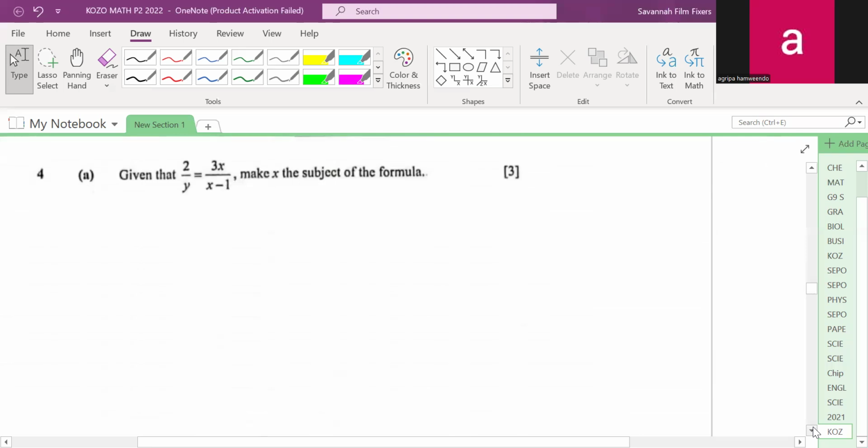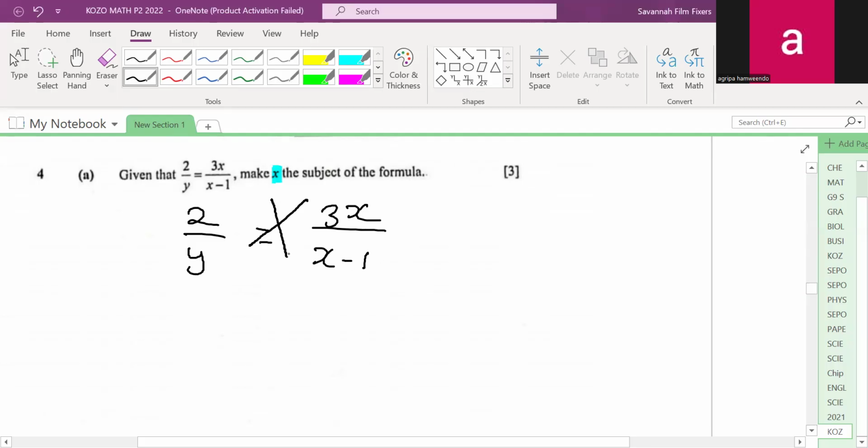So we have question 4a. It's saying, given that 2 over y is equal to 3x over x minus 1, we're trying to make x the subject of the formula. We have a fraction on the left-hand side and a fraction on the right-hand side, so we can cross multiply again.